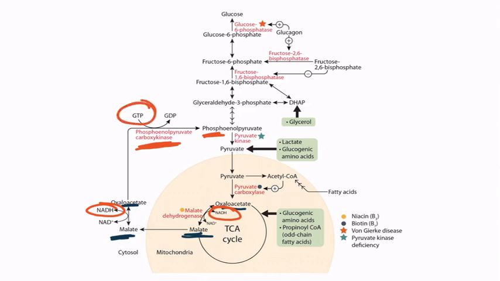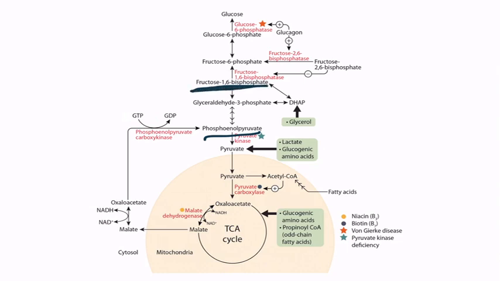Recall from the video on the TCA cycle that the conversion of succinyl-CoA to succinate produces GTP, and this can be used for gluconeogenesis, as we can see right here. From here, phosphoenolpyruvate is converted into fructose 1,6-bisphosphate through a series of reversible reactions.